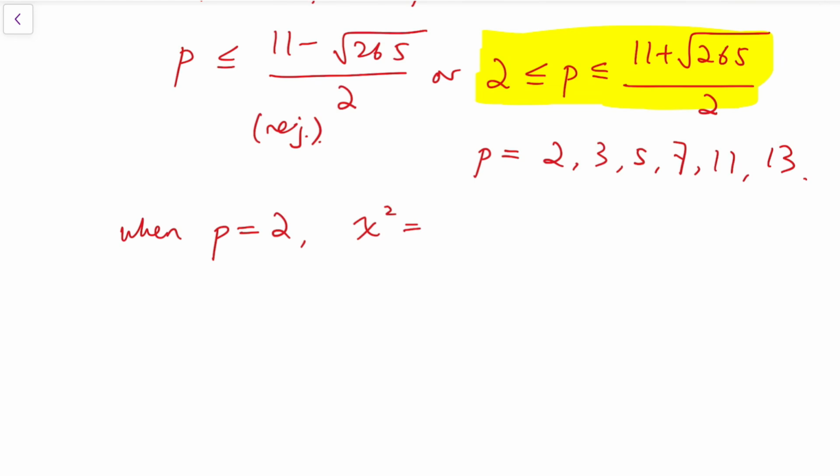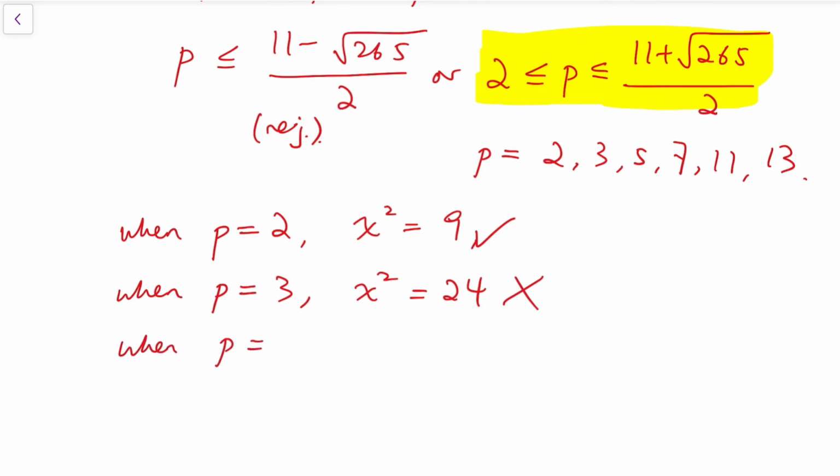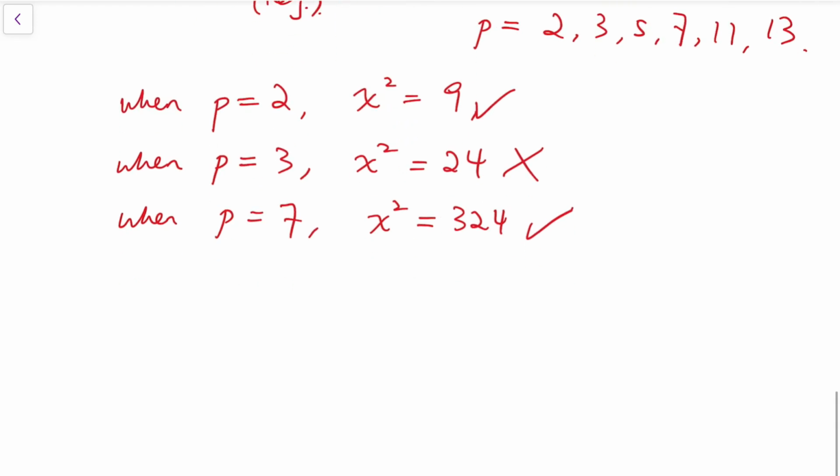When p is 2, then x squared, which is just p cubed minus 4p plus 9, would be 9. So it's a perfect square. We're good. When p equals 3, we have x squared equal to 24, not a perfect square. When p is 7, then x squared is 343 minus 28 plus 9, 324, perfect square.